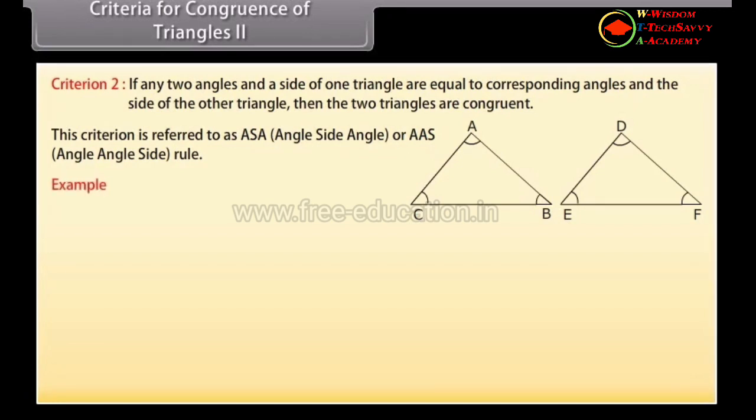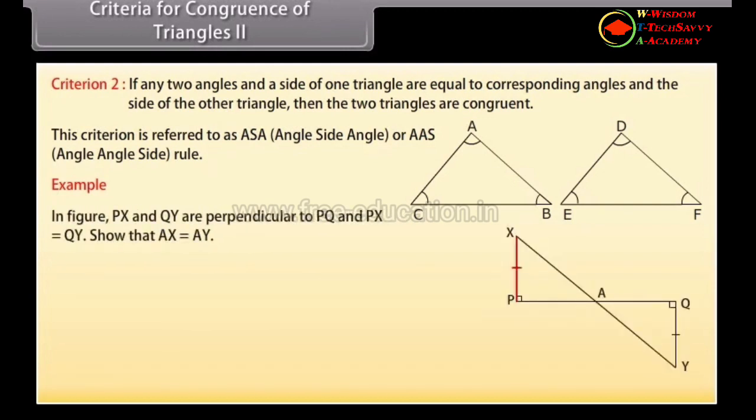Let's solve an example now. In the figure, PX and QY are perpendicular to PQ and PX is equal to QY. Show that AX is equal to AY. Solution. In triangle PAX and triangle QAY, angle XPA is equal to angle YQA because each is 90 degrees.